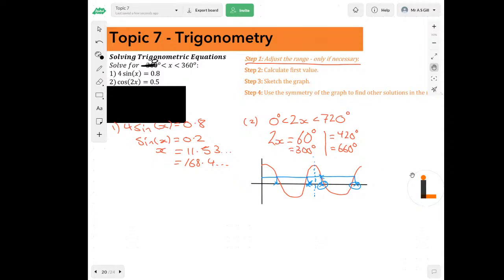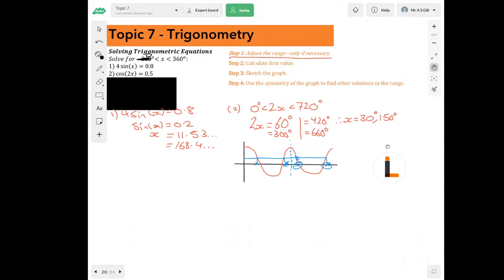So we now go through and halve these values and we say, well, therefore, x is equal to 30, 150, 210 and 330 degrees. So these are our solutions. If we keep repeating this pattern, the other solutions will end up above 720, so they're not valid and we don't worry about them.